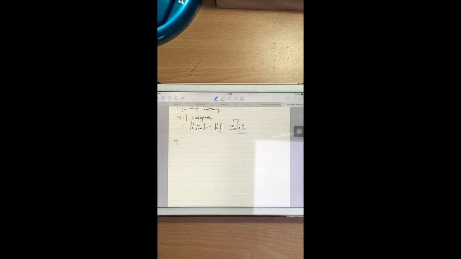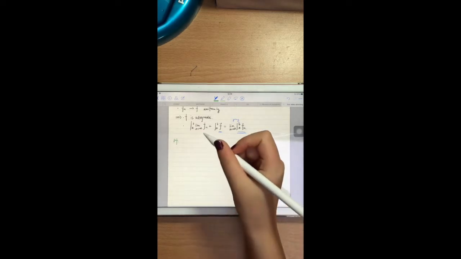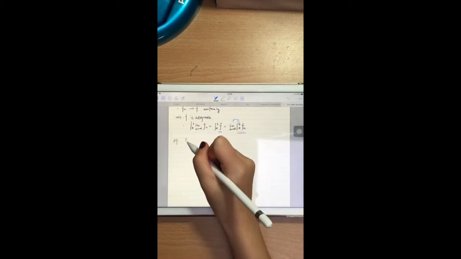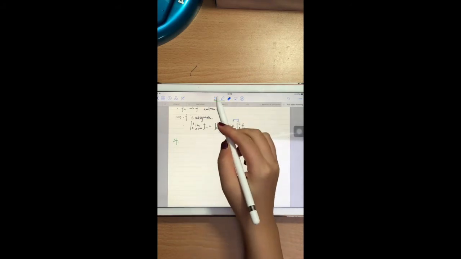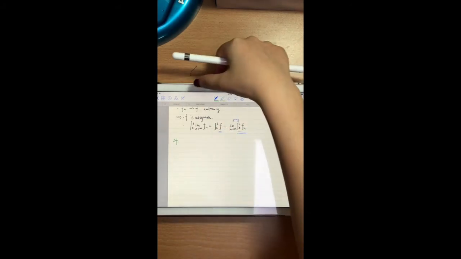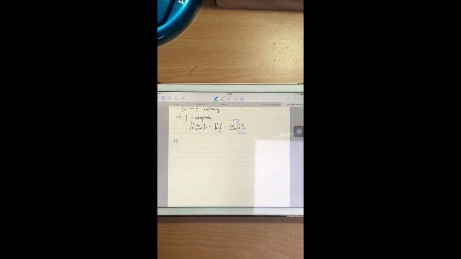So the proof would be, let's first take epsilon n. The epsilon has nothing to do with... Oh, actually, you can just take epsilon n to be the difference of the sequence of functions f_n and f.